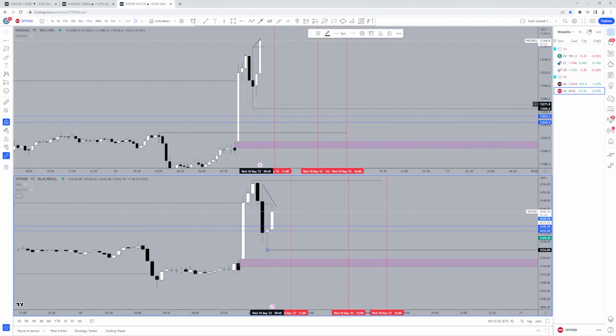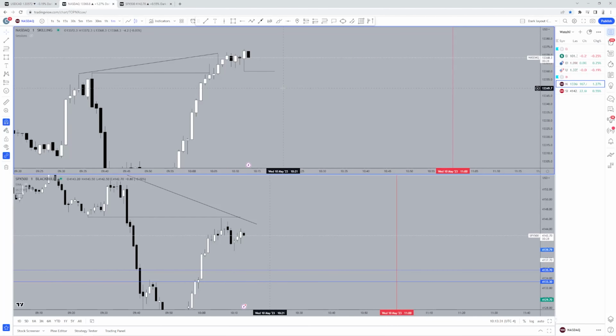We can easily target this liquidity over here. But first of all, we want to see some strong movement, breaking structure.